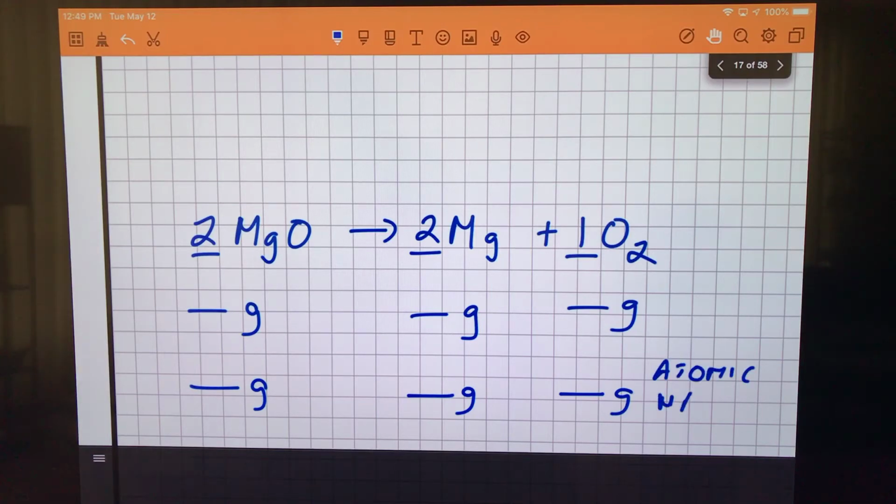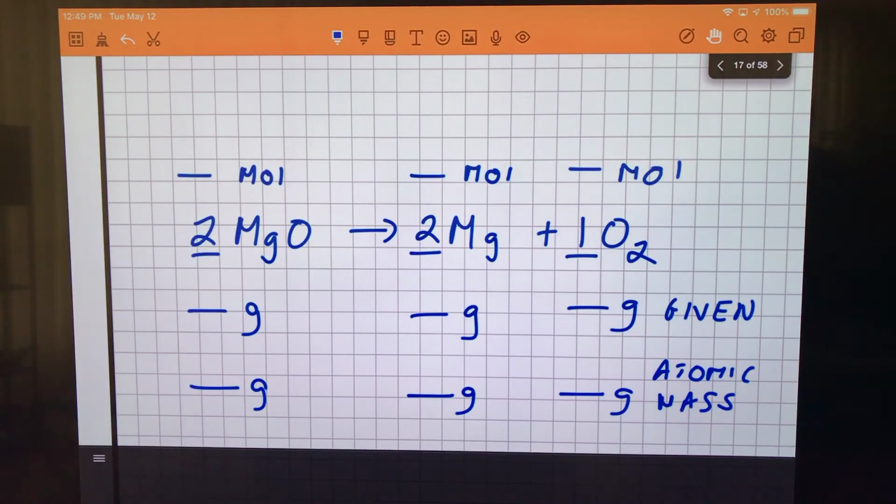We get that from the periodic table. This is what we are given. And across the top here is moles, always moles on top, because our recipe, our equation, is in moles. All right, this time given magnesium oxide, I'm going to start you off with 120 grams.